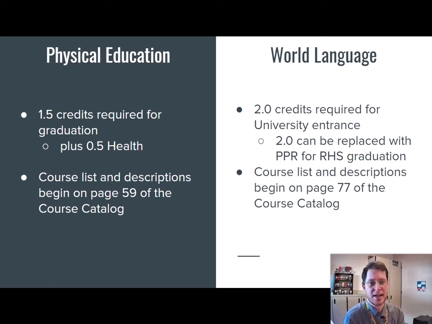So if you have not taken care of those requirements, I would very strongly recommend that you sign up for those. And then world language, so 2 credits of the same world language required for university entrance. If your after high school plans are a little bit different than that, you can talk to your counselor about a personal pathway, and we can get you into classes that might better prepare you for what you want to do.